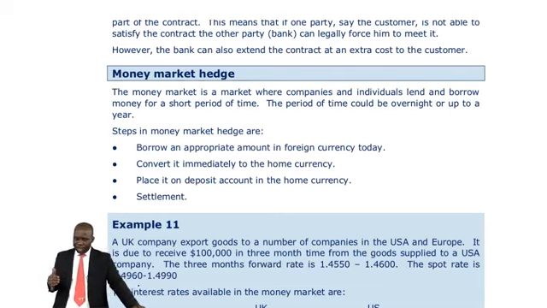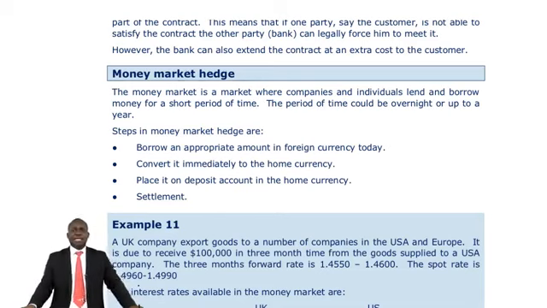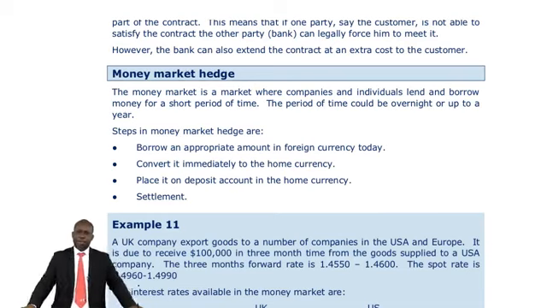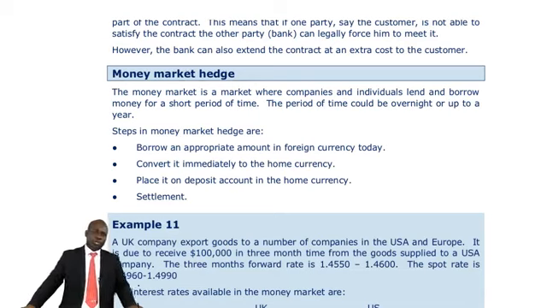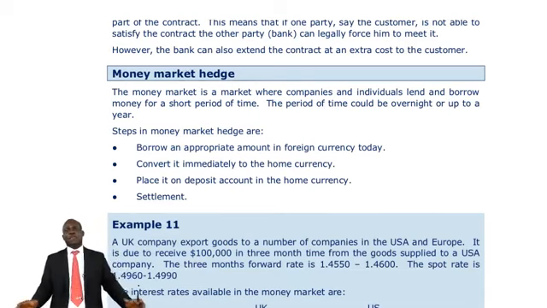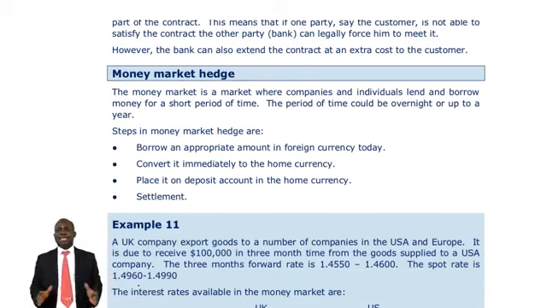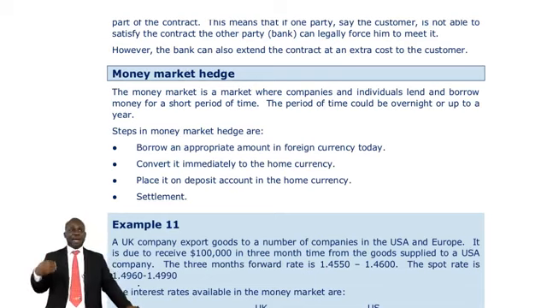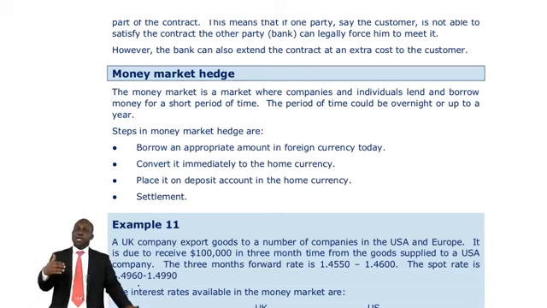Okay, money market. Money market is a market where we can either borrow money or lend money on short-term basis. So we are going to use the money market of borrowing and lending as a way of eliminating exchange rate. This is the common sense. When I have to receive money from a foreign currency or in a foreign currency from a foreign land, what should I do?